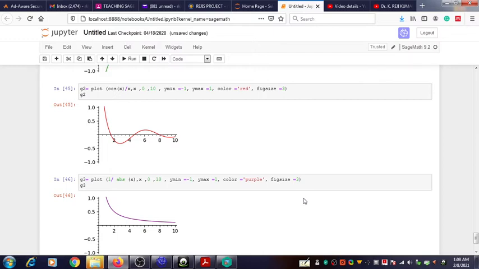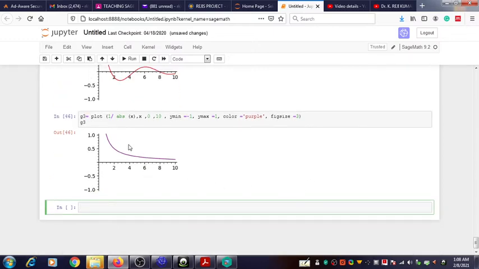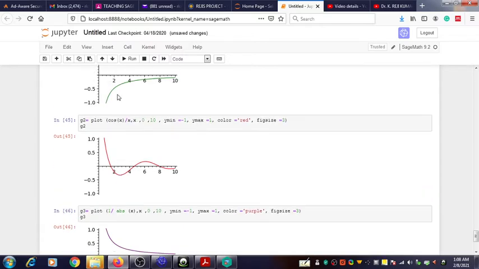See, with this we have obtained that output. That is the upper curve, and the lower curve is this one in green color, and red color is the actual curve whose limit we want to find at the specified point.